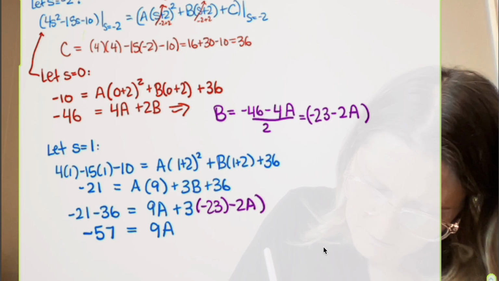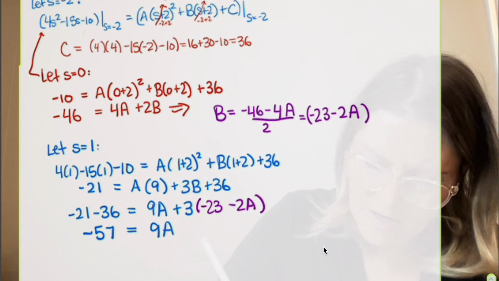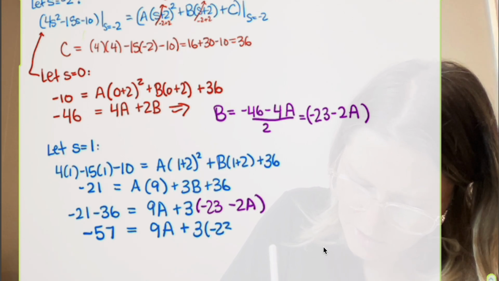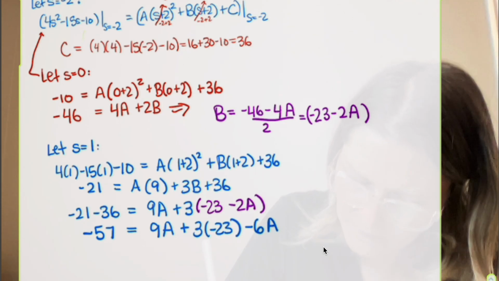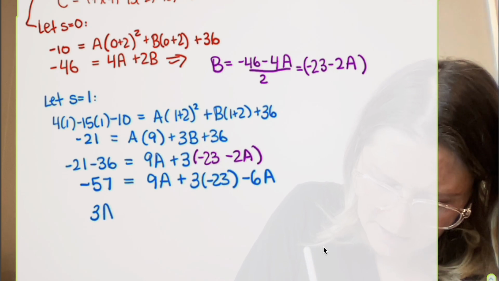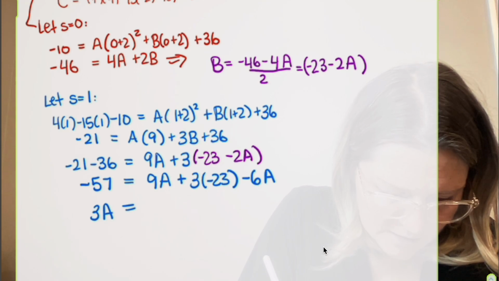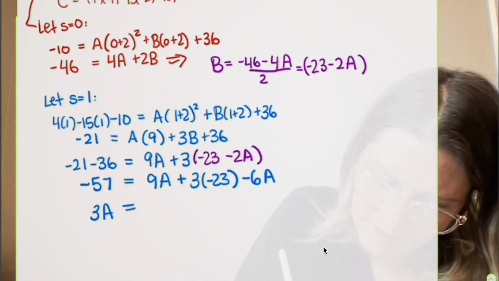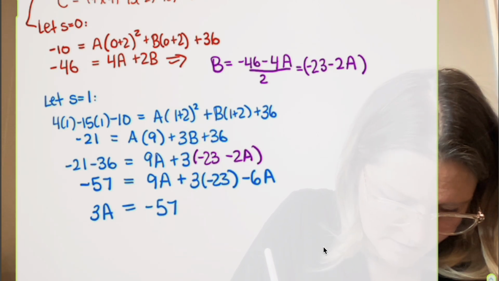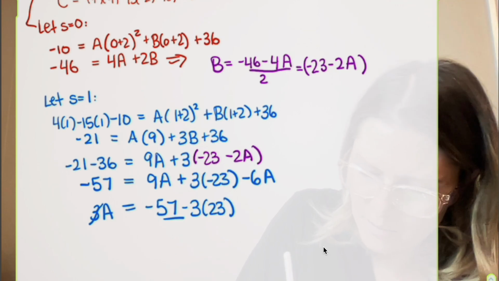Plus 3 times minus 23 and then a minus 6a. So on the right side it becomes 3a. I'm just going to write the a on the right just to make it a little easier to have all the variables on the right side. And then I have a equals minus 57 minus 3 times 23, and then I can divide that by 3.